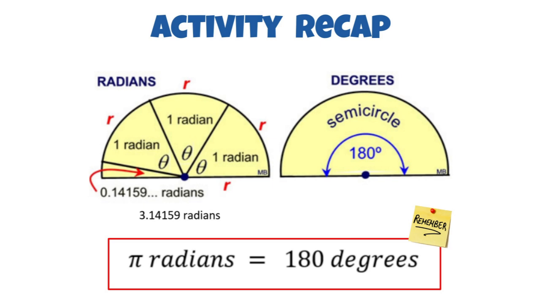Turns out that 3 radians and a little bit more, that little bit more is not random. That is 0.14159, which really means that 180 degrees is equivalent to pi radians. Super important to recognize.